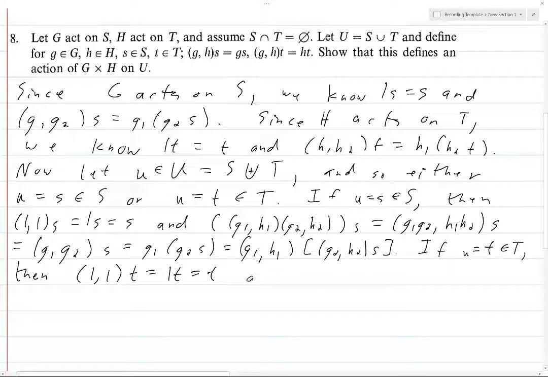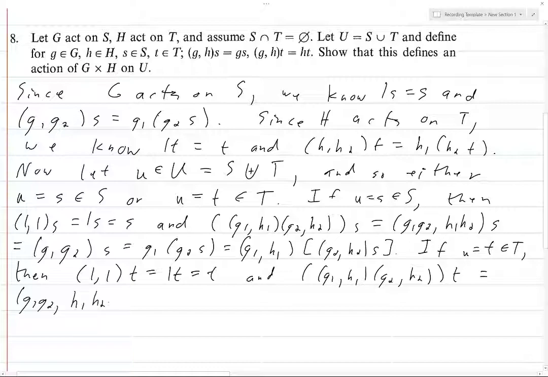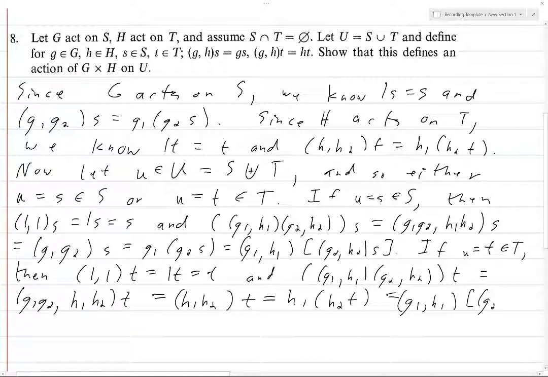And if we let G1, H1 and G2, H2 act on T, then this is just going to be the same as letting the product act on T, where we keep the H's, and then we use the fact that H acts on T to do that. Then we just do this again. And of course, this uses that same argument that tripped me up in the beginning.